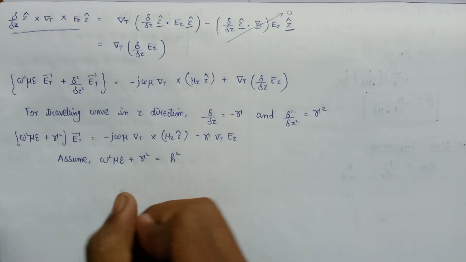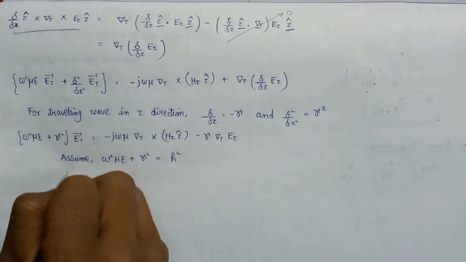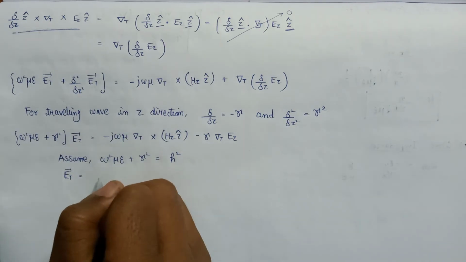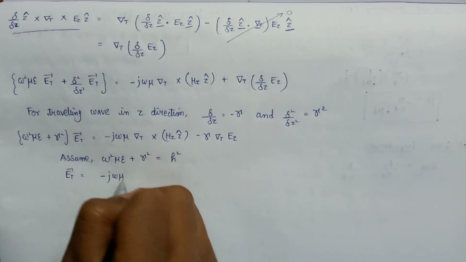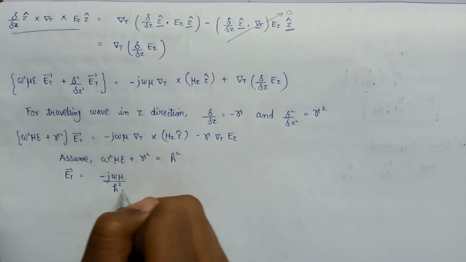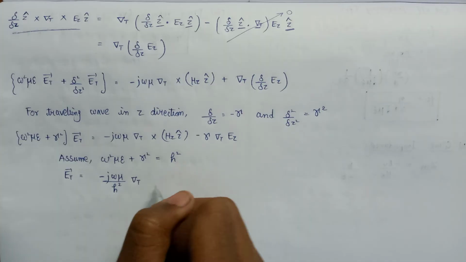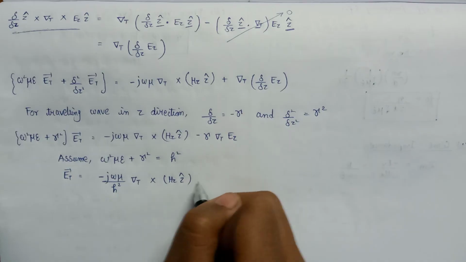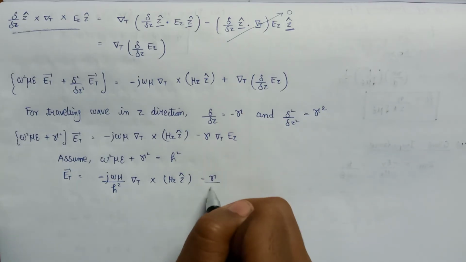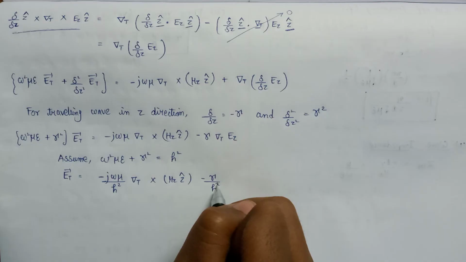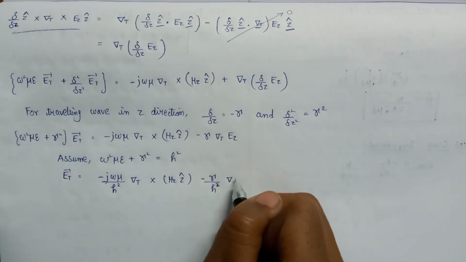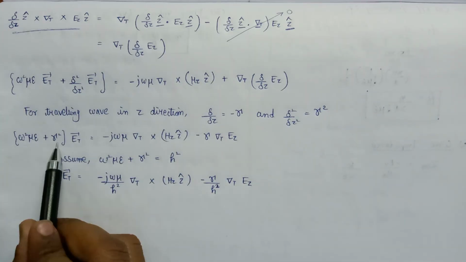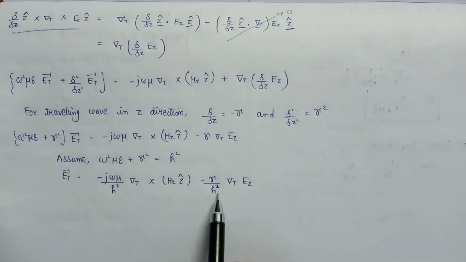So the value of E transverse will become equals to minus j omega mu over small h square into del transverse cross product with Hz of z cap, minus gamma over small h square del transverse into E of z. This expression will come into the RHS and in the denominator.